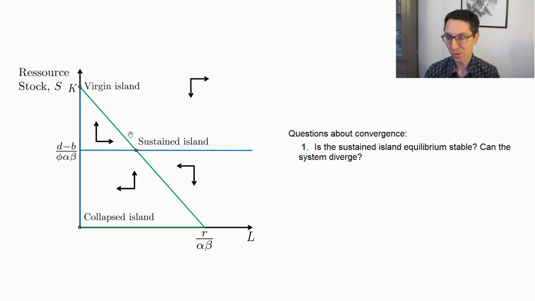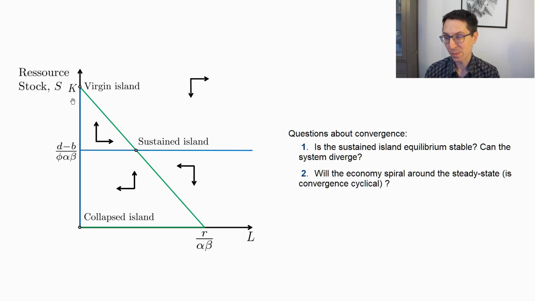Or maybe is it going to spiral out of control or go to the collapsed island or the virgin island state? And will we actually see a spiral around the sustained island, or is it going to be, for instance, this way?